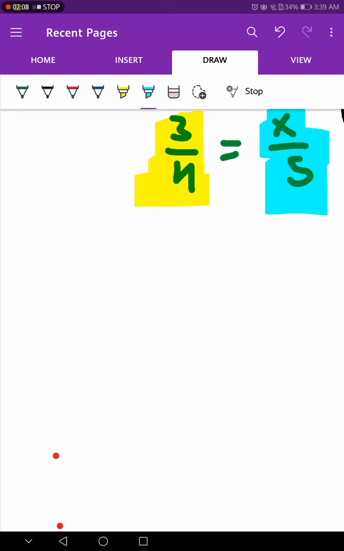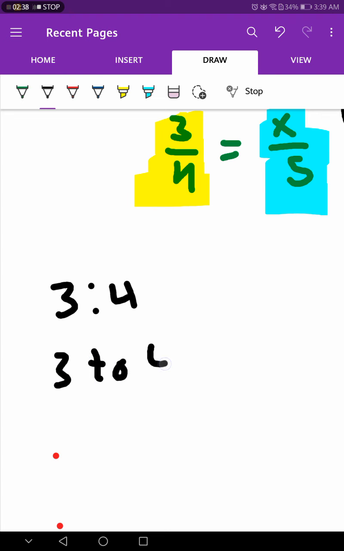Every time you will find fractions on the left side and the right side, as you see here. 3 over 4 is a fraction, and a fraction is actually a ratio. 3 to 4, we can write it like this. We learned it in grade 4 and 5. 3 over 4 we can write like this or like this. You remember? I hope so.